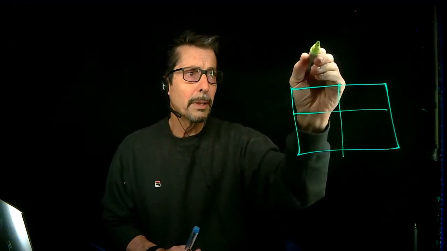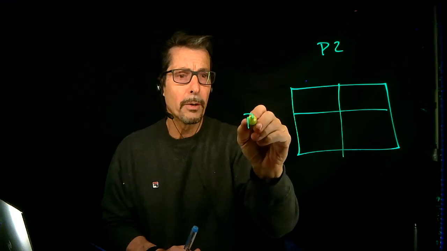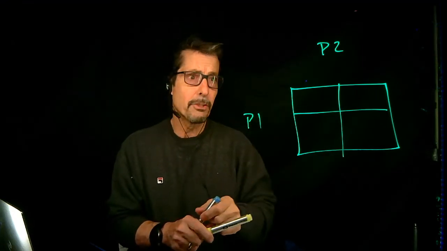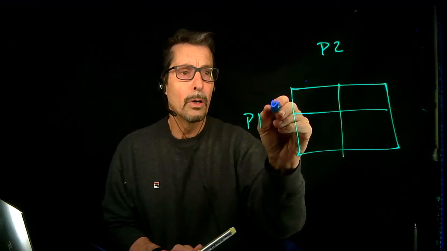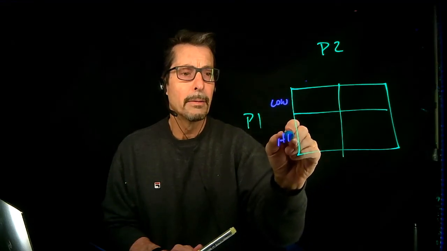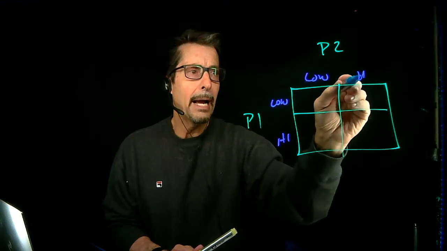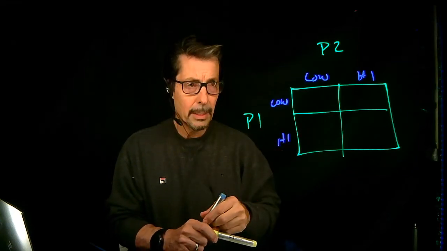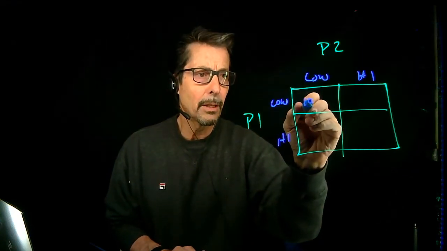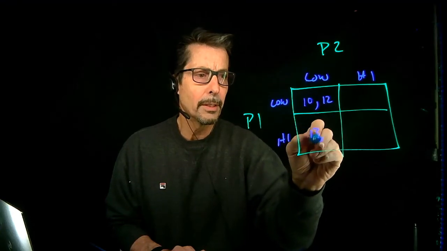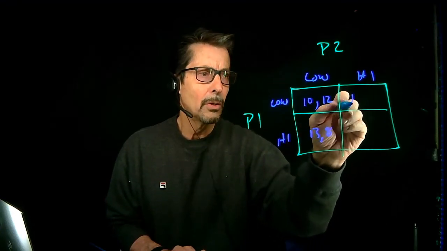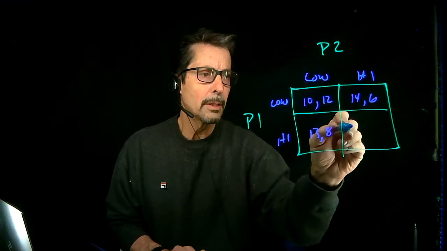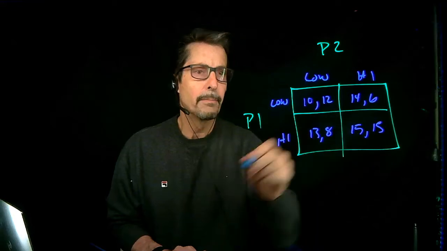Game theory. I'm going to have a question that has a matrix like this. So player 2, player 1, and then I'm going to have strategies, let's say low, high, low, high. Player 1 gets $10 here, 12 here, 13, 8, 14, 6, 15, 15.